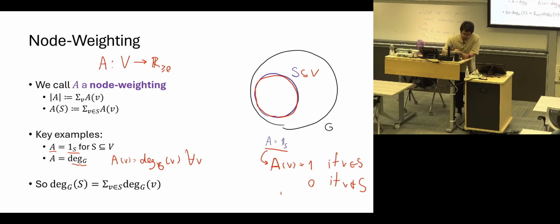I will use the notation A of S to mean the sum of the node weighting of every node in S. And the size of A is the sum over all nodes of A.